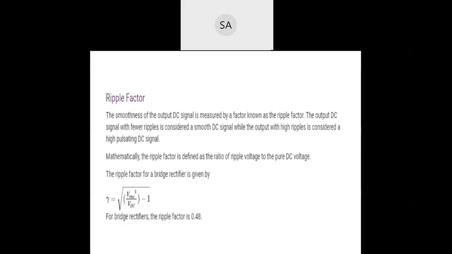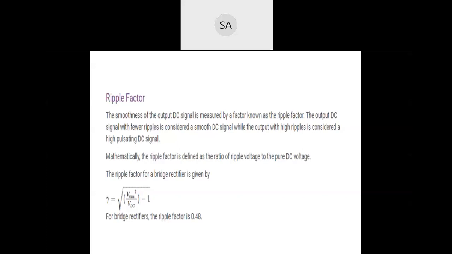So before going to this, what is the average current? IRMS follows a similar definition and derivation to what we discussed for the center tapped full wave rectifier.